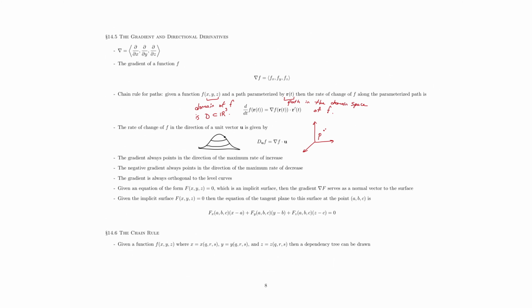Okay, a couple other things here that are really important. Some interpretations of the gradient. The gradient always points in the direction of the maximum rate of increase. So for instance, if I were sitting at this point here on the hillside, and let's say that this right here is the graph of z equals a function of x and y, then if we now think of a bird's eye view, let's say this is the z-axis.